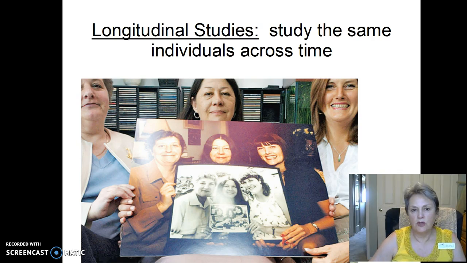We're going to close looking at a couple of strategies that are often used in either observational or correlational research. The first one is longitudinal studies. In longitudinal studies, the same individuals are studied across time at different parts of their life. An example of this is in your book on page 52. This image is a picture of people that have been studied across time since 1964.